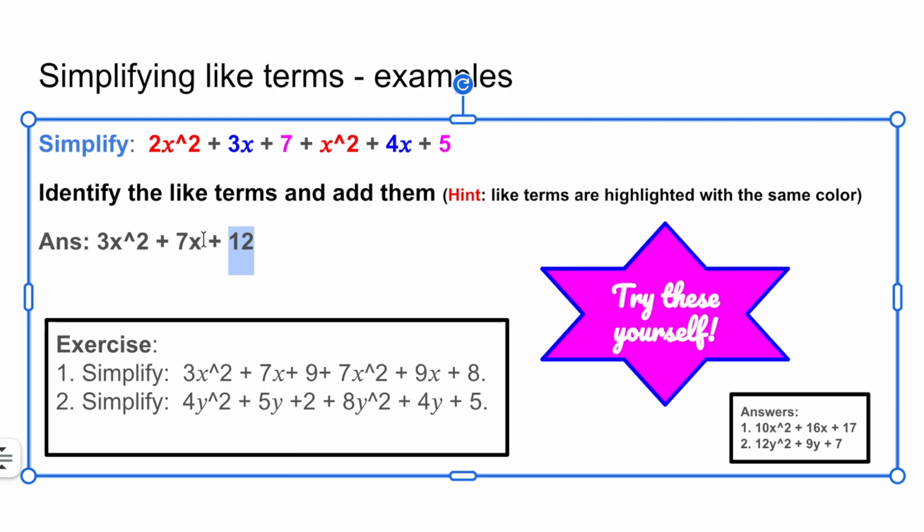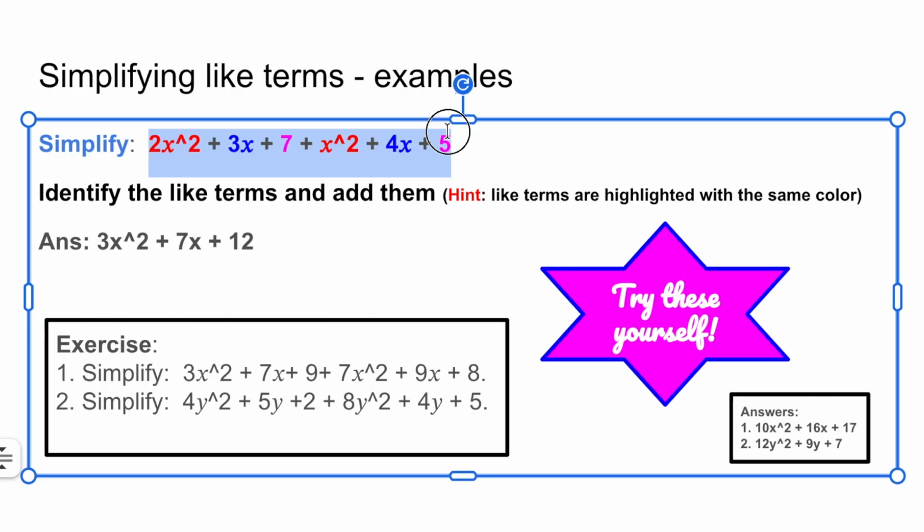This is a constant. This is a variable with a coefficient. This is a variable with a coefficient and an exponent. So none of these are like terms anymore. So we cannot do anything. This is called the most simplified form of this expression.